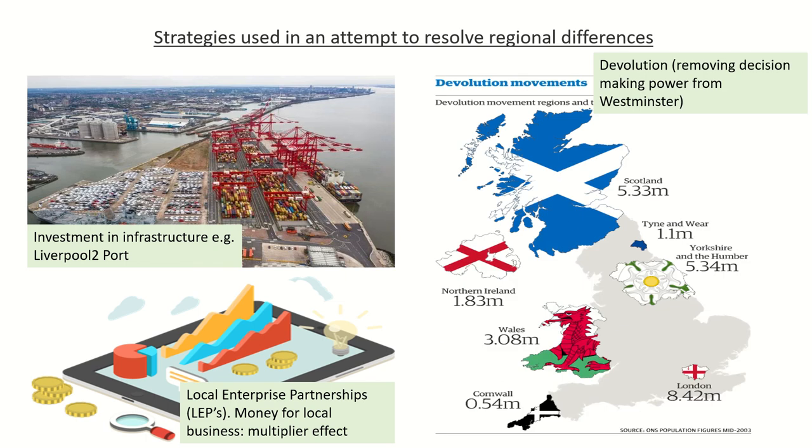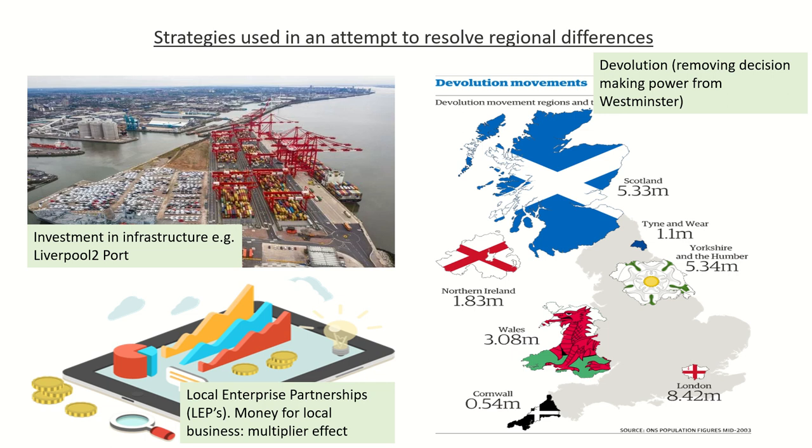And lastly, we have something called devolution. Devolution is where the power is taken away from the government in London and distributed out to different parts of the UK. So, for example, Yorkshire and the Humber have devolution, and they are given the money and they get to basically decide what they want to do with it.